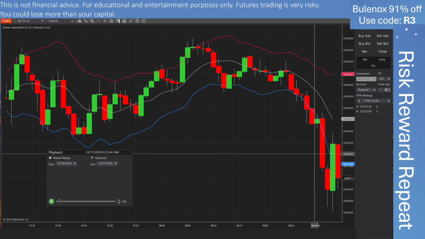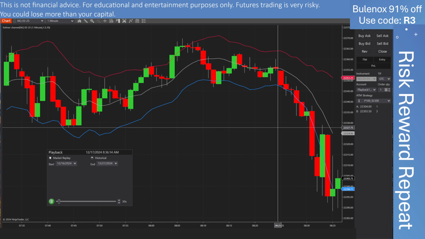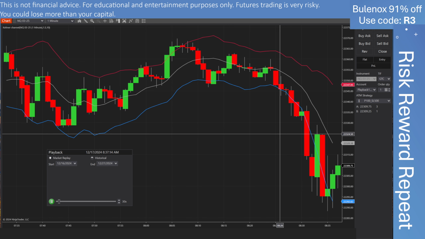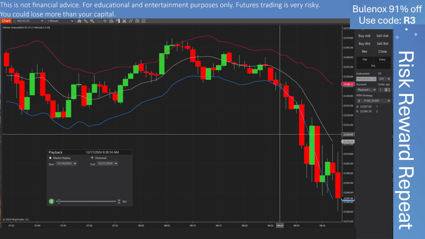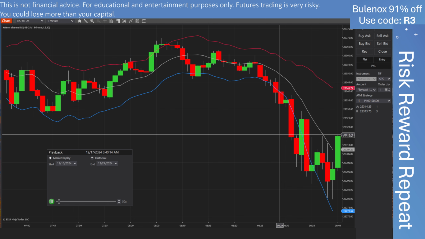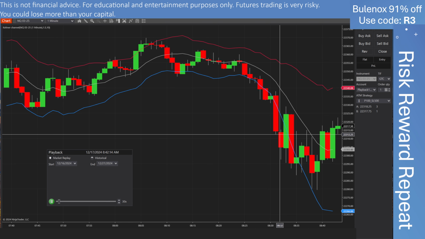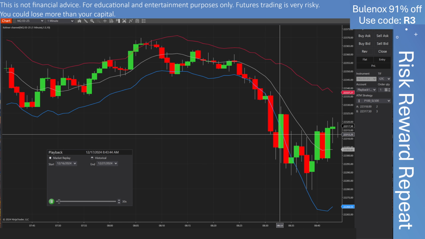I would not have taken this trade, right? Based on our strategy, I would just wait until I can see what the market is doing. If I can decide if it's in a downtrend or an uptrend or range bound, I need to see something clear to make that call.